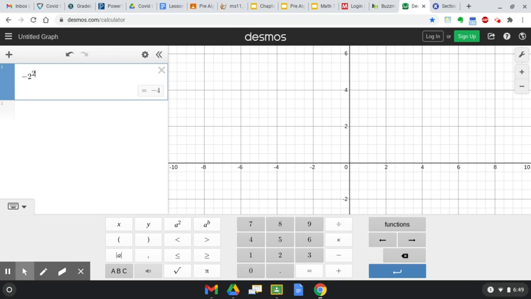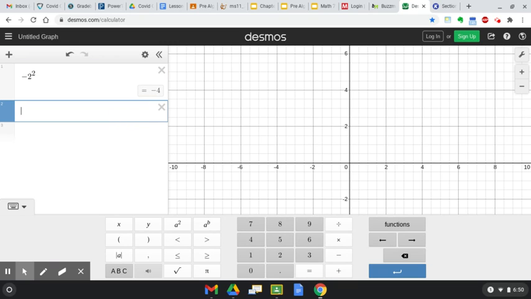PEMDAS, P is parentheses, E is exponent, multiplication, division, addition, subtraction. If I look at this, there's no parentheses. So the first thing that my calculator does is the exponent, and it reads that as 2 squared, which is 4. Then it multiplies it by this negative, or -1. So it does 2 squared, which is 4, and then it applies the negative, which gives it -4.